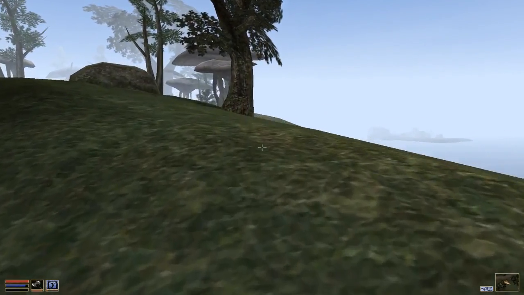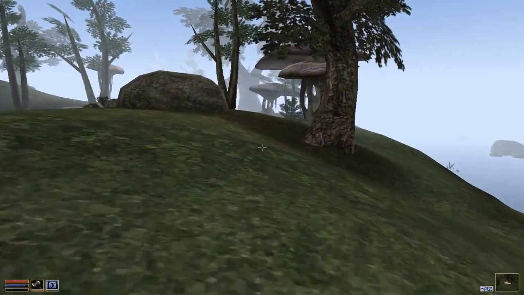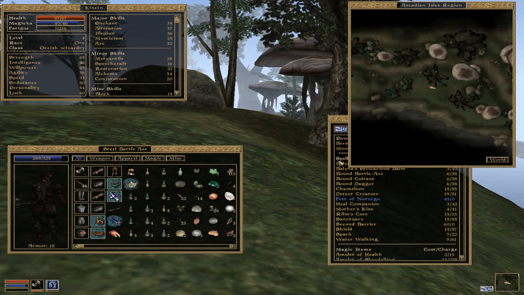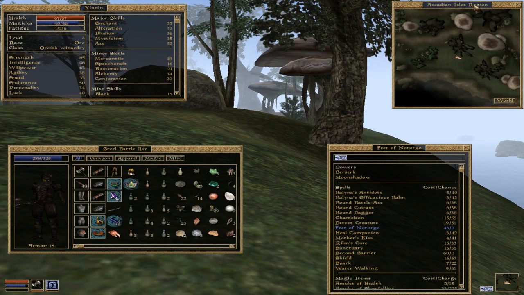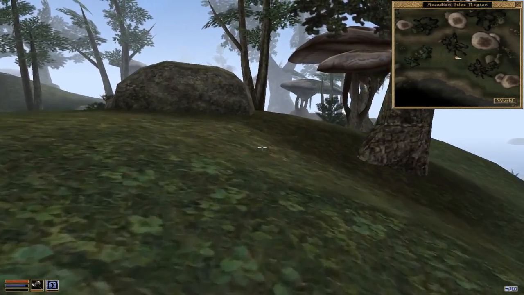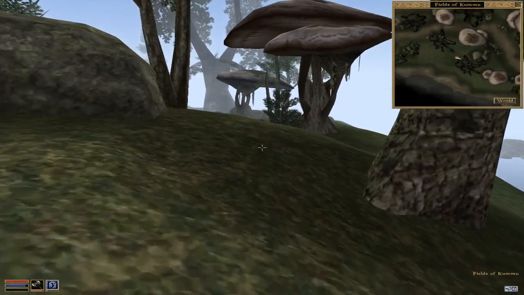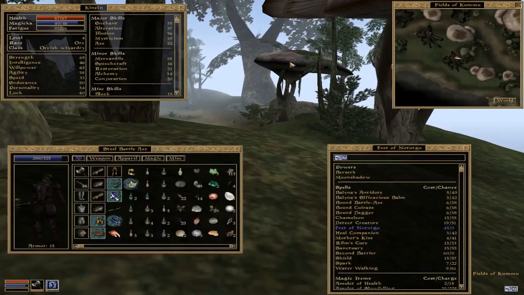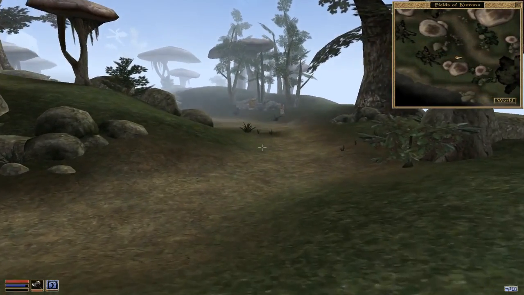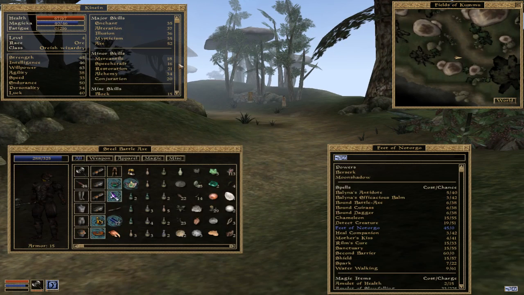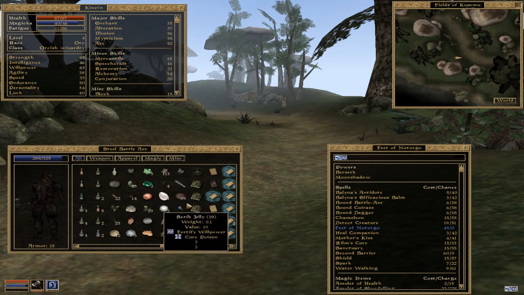So we are running to this place. I believe it's somewhere here. Let's add a map to the upper right corner of the screen. It will help us a little bit. Yeah, here it is. And we can read our book about pilgrims that I've talked about.